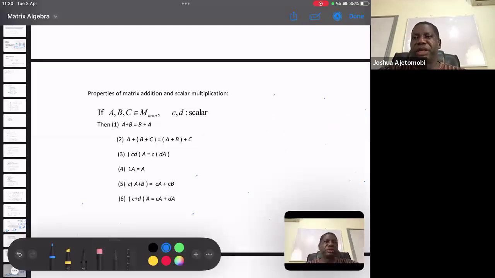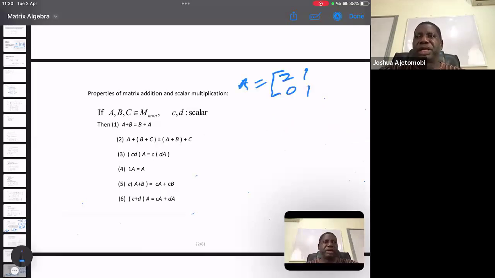So let's say I have my A equals 2, 1, 0, 1. And you know, my identity matrix with respect to a 2 by 2 matrix will be 1, 0, 0, 1. So okay, let me put it here.